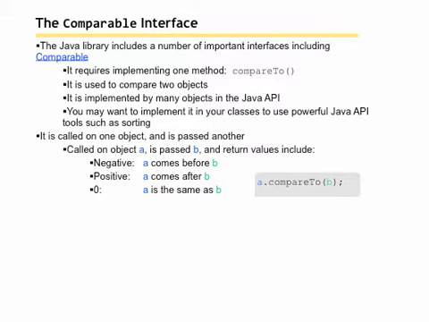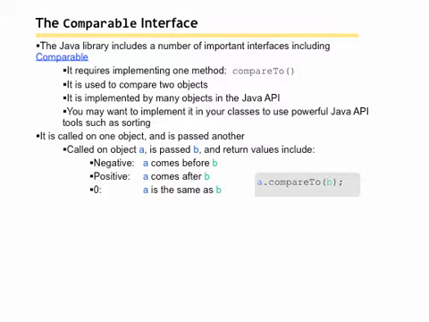It's called on one object, so one object dot compareTo will call the method, and it's passed a second object, so it's comparing this to some object that's passed in as a parameter, and it returns one of three values. If the calling object is less than the parameter object, it returns a negative number.